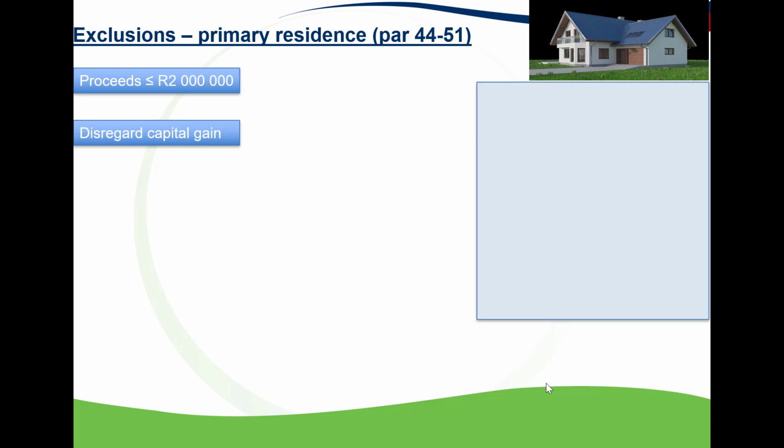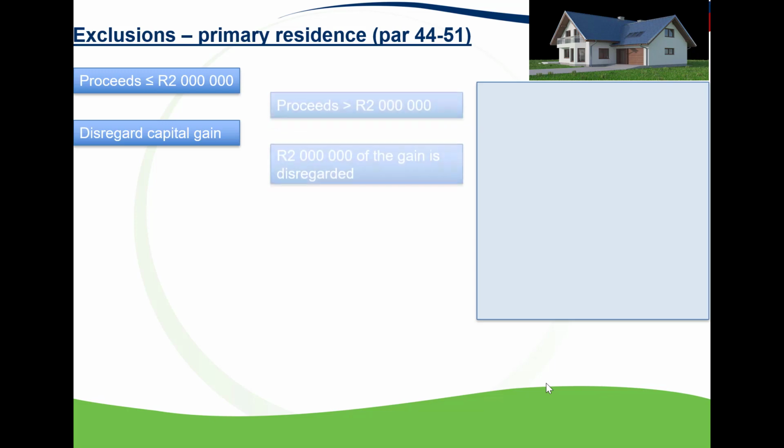They will disregard all their capital gain, but there are certain rules which we will discuss later on that apply in terms of interrupted residences or where you have a portion of the primary residence being used for trade purposes. But we will get to that just now.